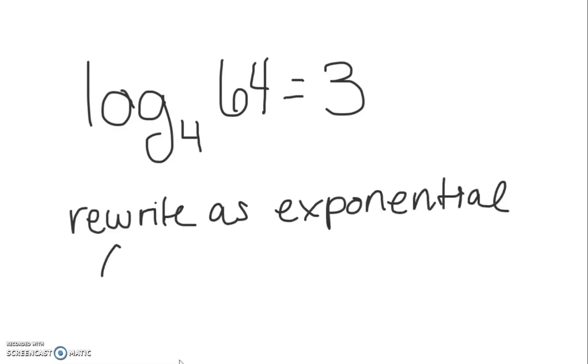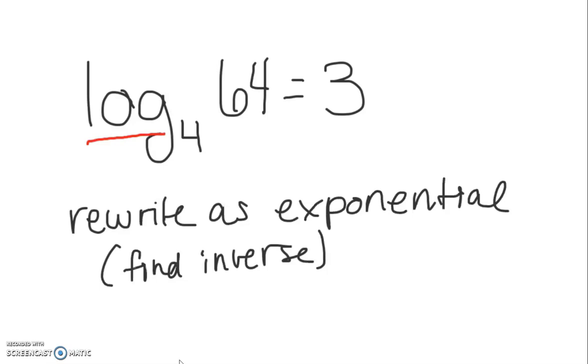That also means find the inverse. In a way, you're not really finding much, you don't have to do any solving like a linear equation anymore, but you're going to rewrite it as an exponential. This is a logarithmic function, and when you turn it into an inverse, that's writing it as an exponential.